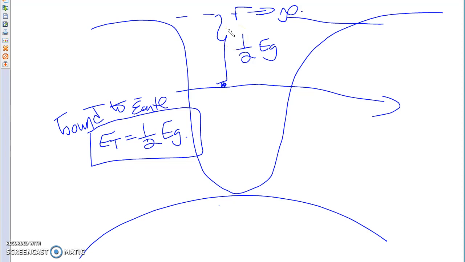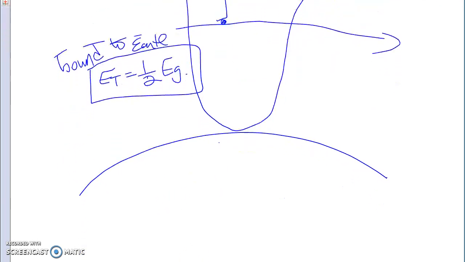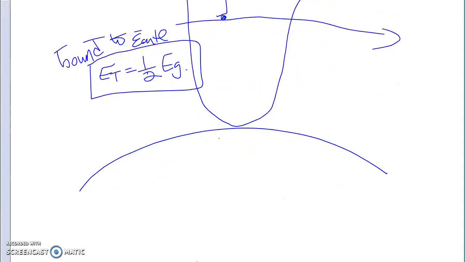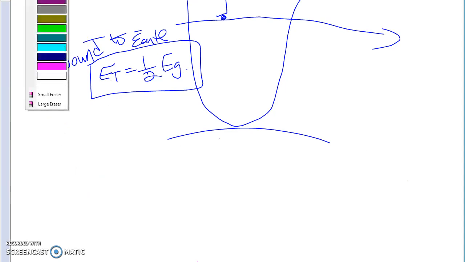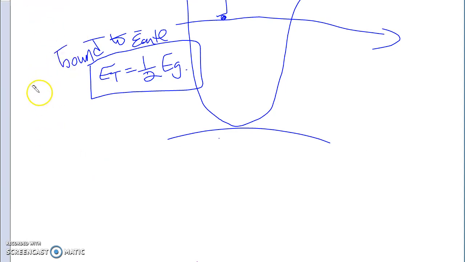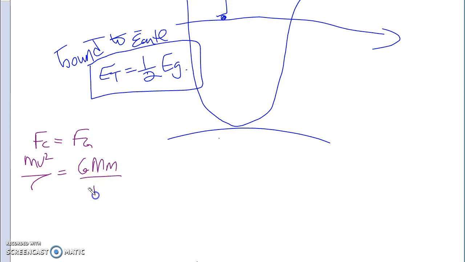So, I think we might have to do a couple of videos for this. Let's prove why this is half EG. To do that, we're going to start out with the following. We know that FC equals FG, which is mv squared over r, which equals big G m over r squared.